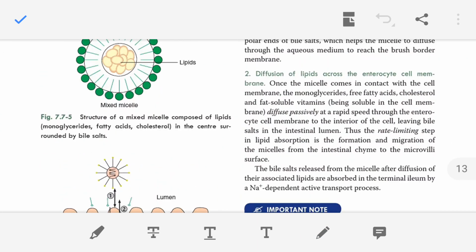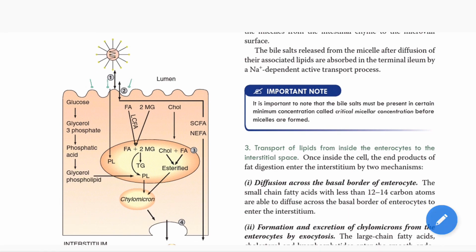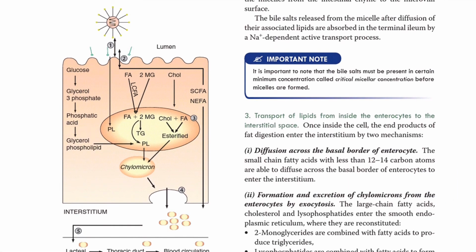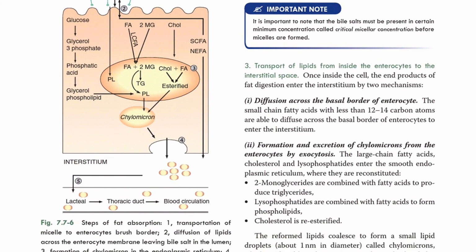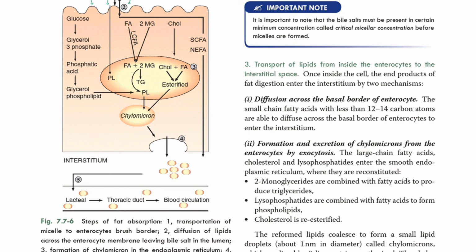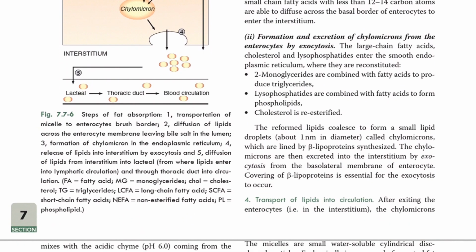For the 12th point I am showing you one more figure, this one. The enterocyte cell is shown, then the chylomicron, how they are released and where they are going, this is the information.